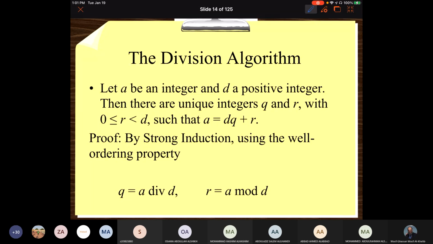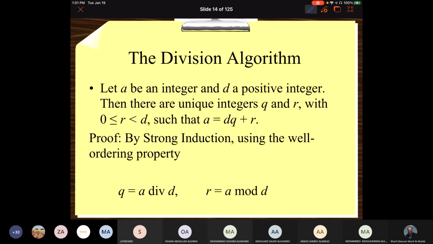So before we proceed, let me just give you an example that shows what this theorem talks about, and then we will proceed.